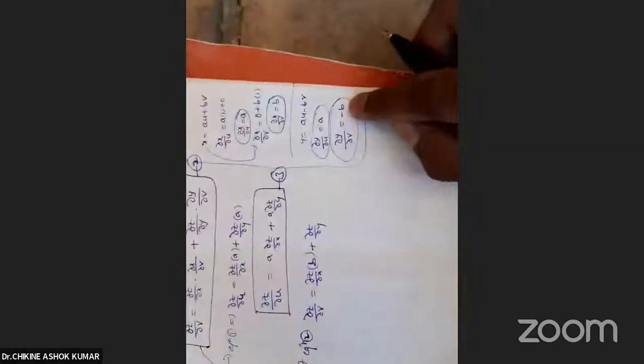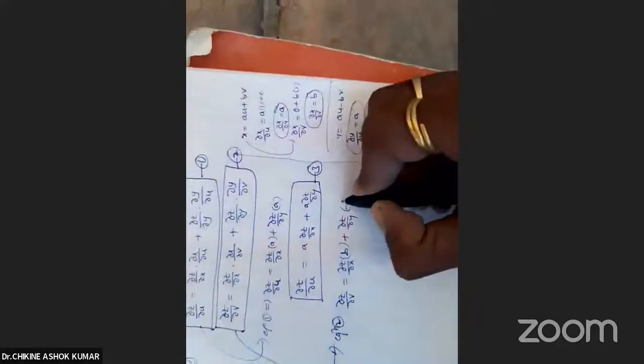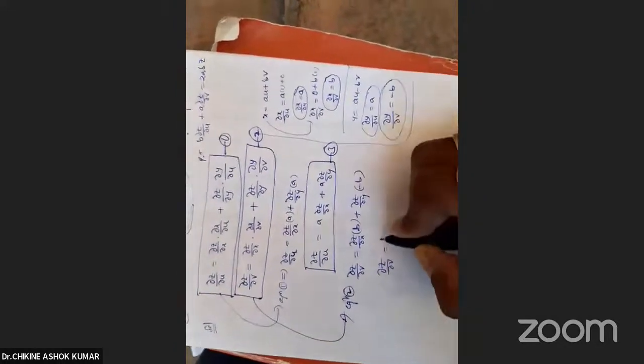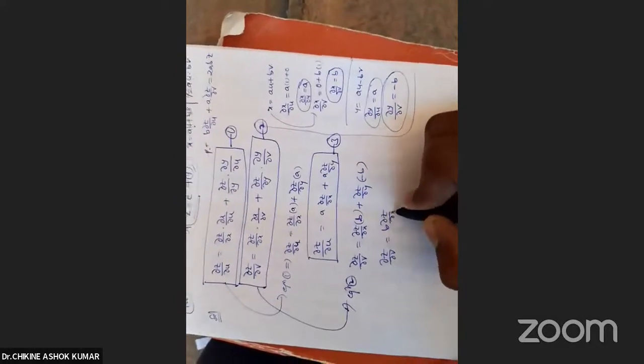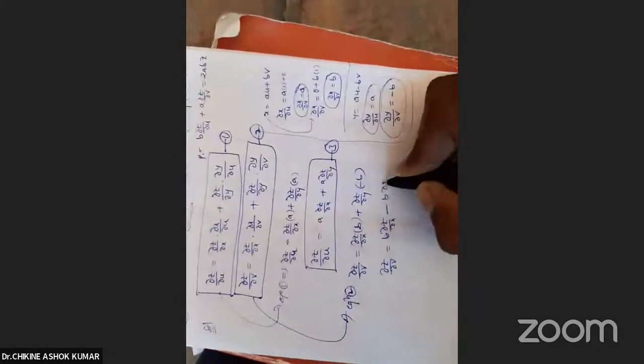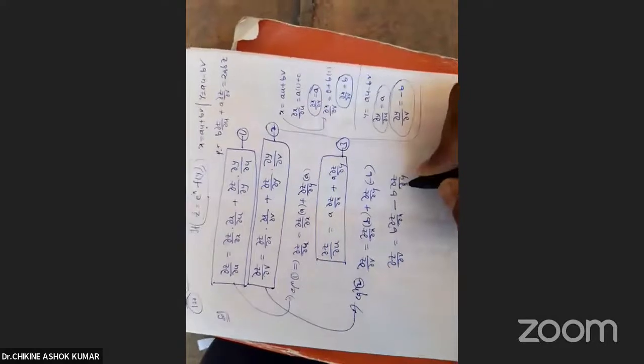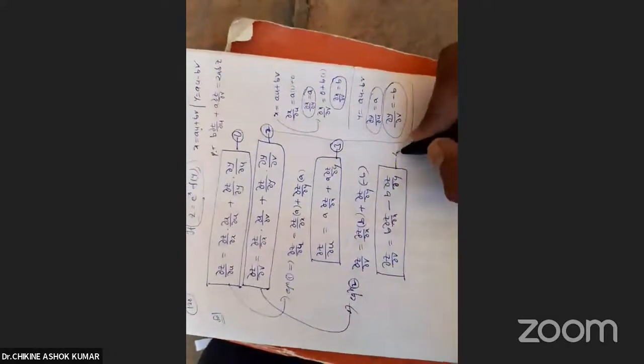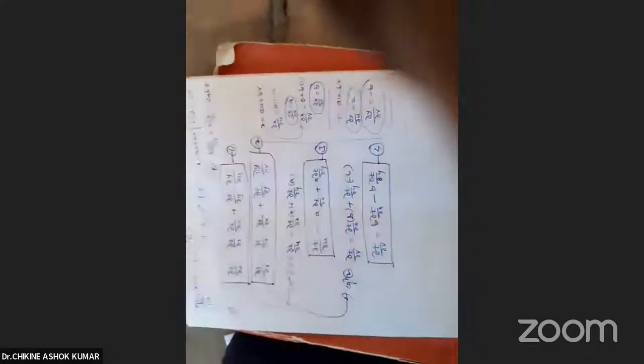Dou y by dou v I got is minus b. So finally dou z by dou v becomes b into dou z by dou x minus b into dou z by dou y. Okay, is everything okay up to here? Okay, sir. This is equation 4. But what is finally being asked?